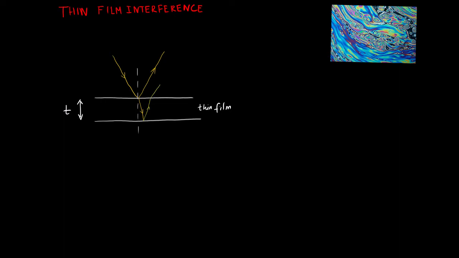So we have two waves, 1 and 2, that will interfere with each other.